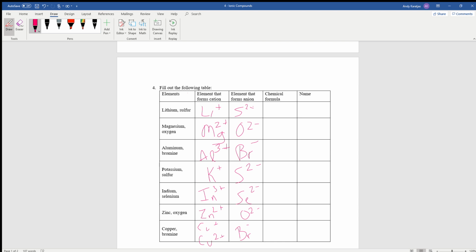So now we can put each of these together to come up with a formula. If lithium is +1 and sulfur is -2, in order for those charges to balance, we need 2 lithium and 1 sulfur. Magnesium and oxygen, one is +2, one is -2, so those are equal magnitude but opposite sign, so we just need 1 of each.